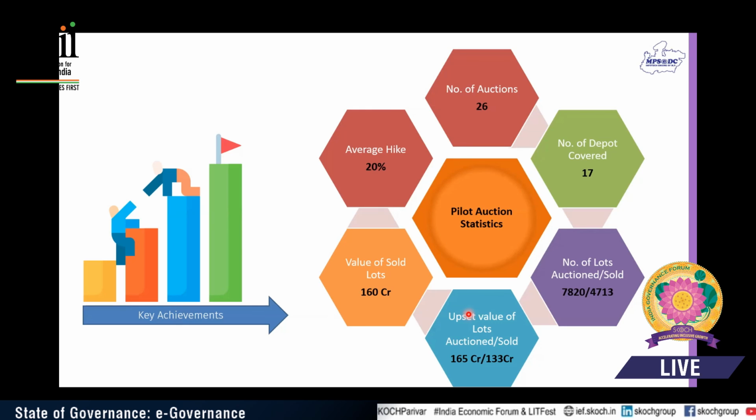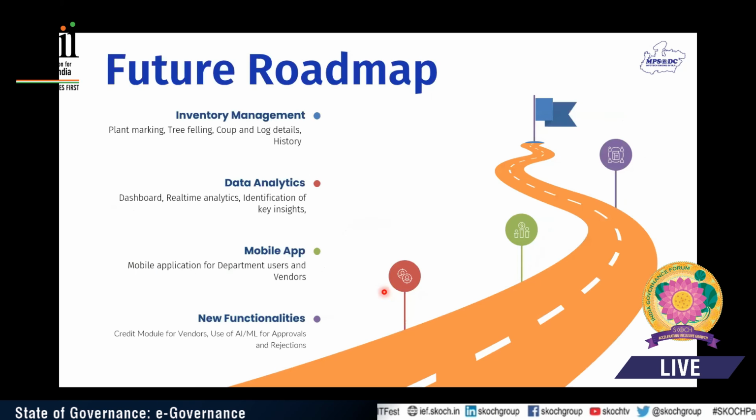In 26 auctions, we have auctioned 7,820 lots, and the value of those sold lots is 160 crores. So till date, we have disposed of timber which has a value of 160 crores.